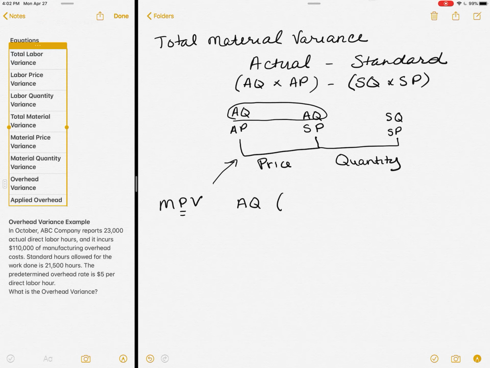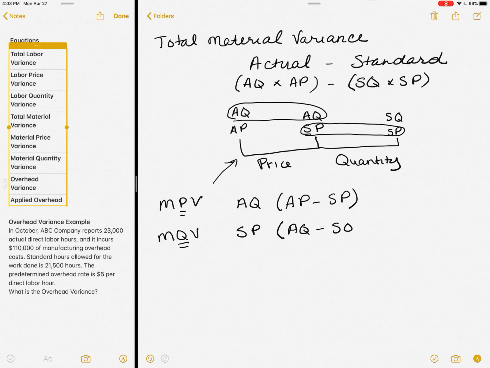I'm going to pull that out and compare my prices. Then I'll look at that material quantity variance. Again, focusing on the quantity, I find that common factor, I pull it out, and I'm going to compare my quantities, actual quantity minus my standard quantity.